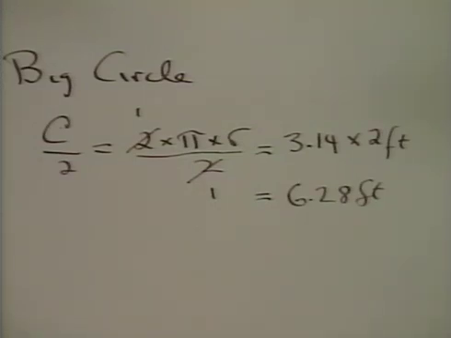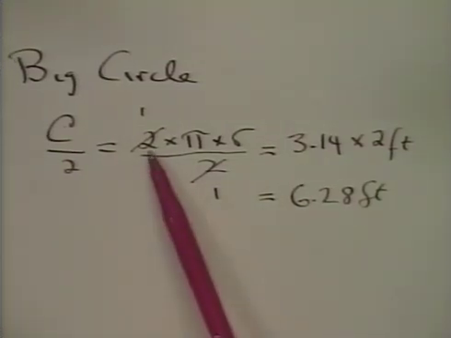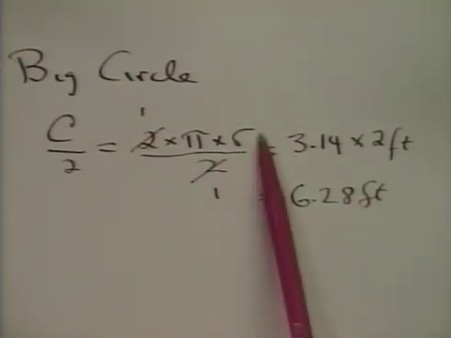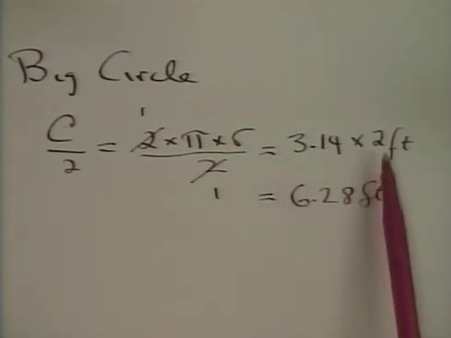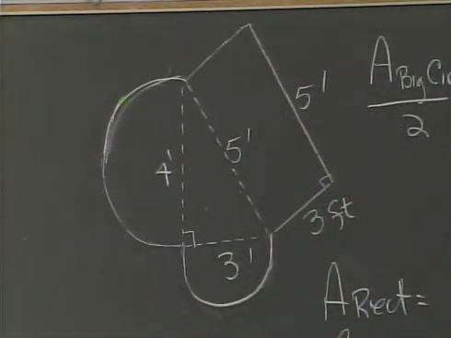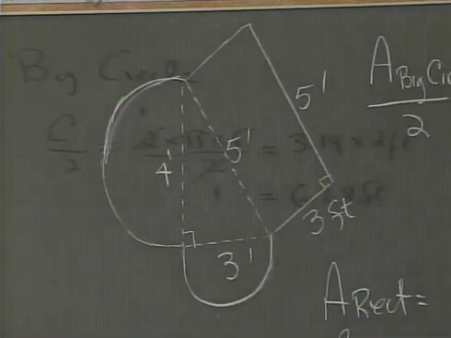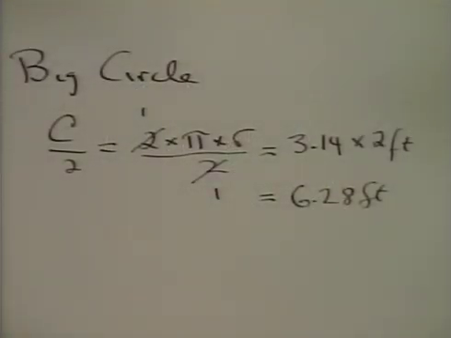If you look at what I've done there, I canceled the 2's, so you just get pi times r. If you look at the other diagram that Debbie has now, notice half the distance across that big circle is 2 feet. So you're getting 2 feet there. Now that's the distance for that first half circle.